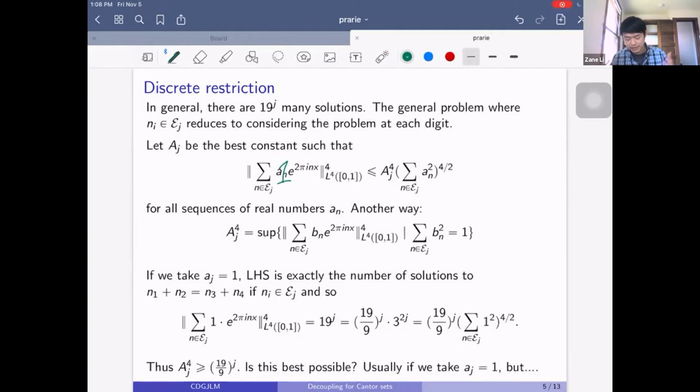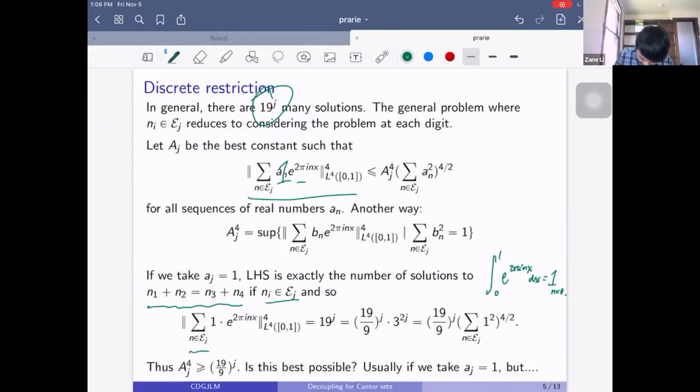You expand everything, and then you interchange the integral and the sum, and then now you have an e to the 2 pi i. So if you use the identity that the integral from 0 to 1 of e to the 2 pi i n x dx is the indicator function of n being 0, you observe that the left-hand side, when I put a_n equals 1, counts exactly the number of solutions to this equation where the n_i live in E_j. And I actually know how many there are. There are 19 to the j many solutions.